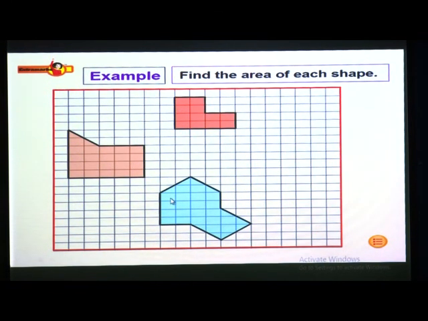Let us see this: 4, 8, 12, 16, 17. Then we have 18, 19. Then we have here 20, 21, and this becomes 22. These 2 halves become 23. These 2 become 24.